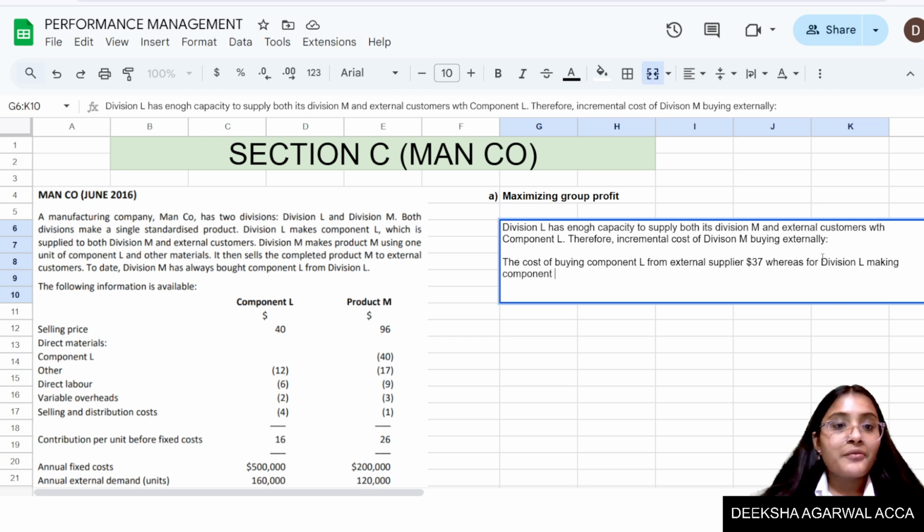You can see that we are making it at 12 plus 6 plus 2, 20.